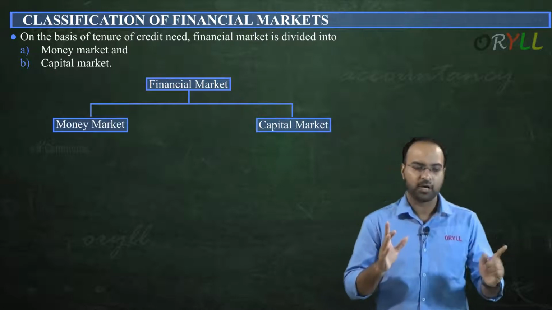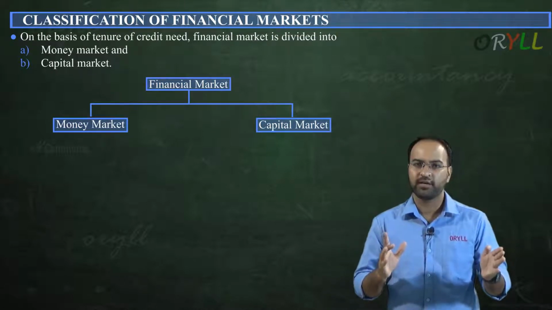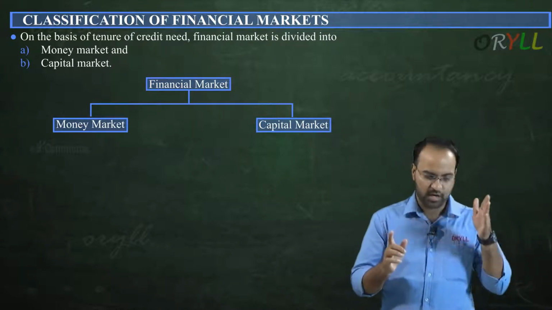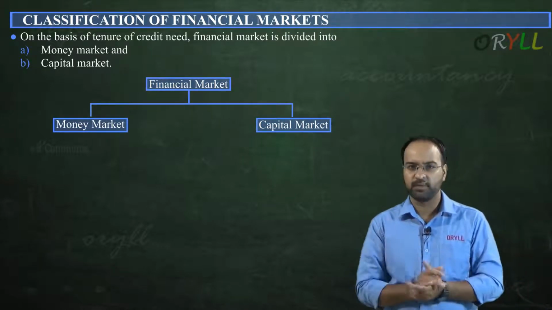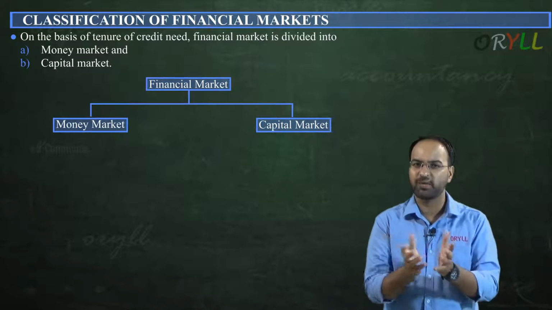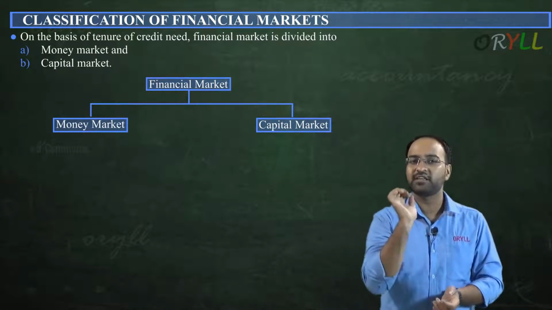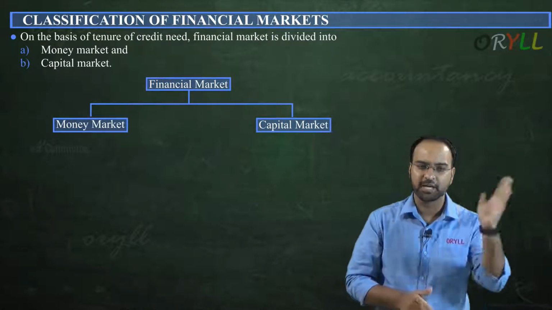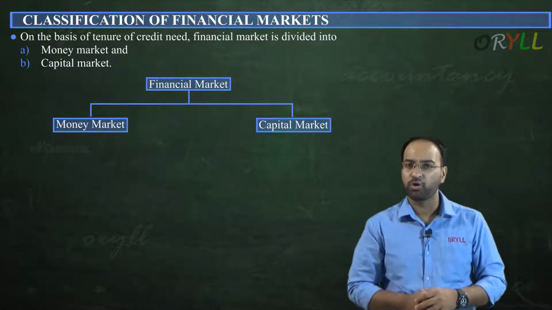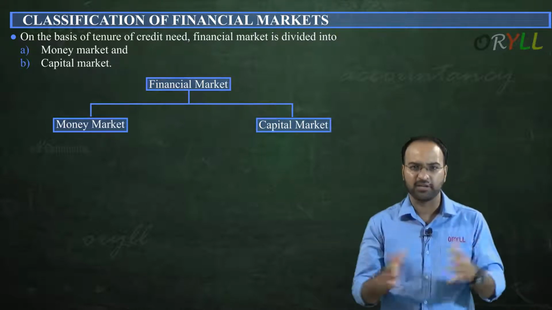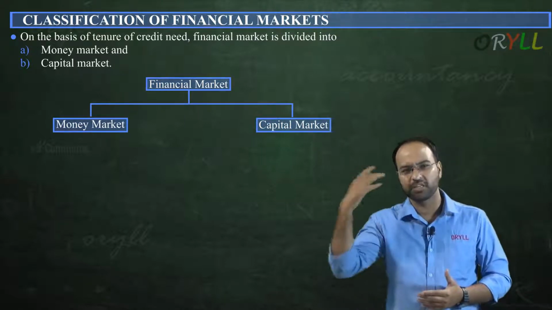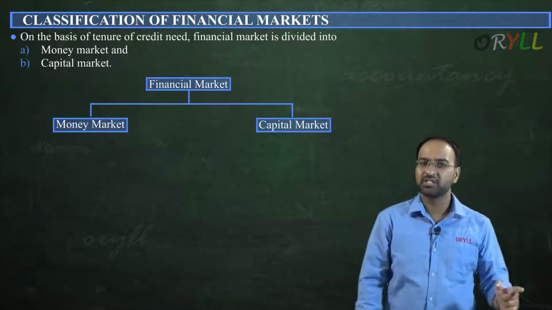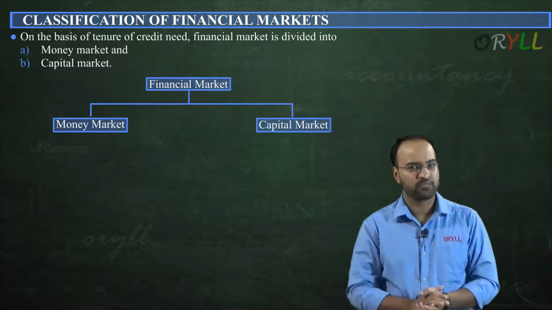Remember, if a company wants to mobilize funds from the public for less than 1 year, they will go to the money market. But if the company wants to borrow the fund for more than 1 year, that may be 3 years, 5 years, 7 years, 12 years, then this company will go to the capital market.